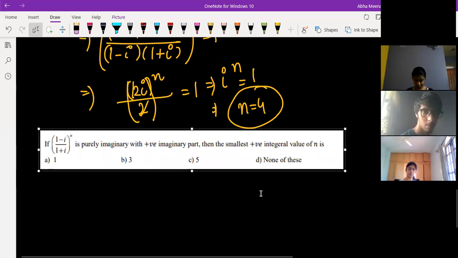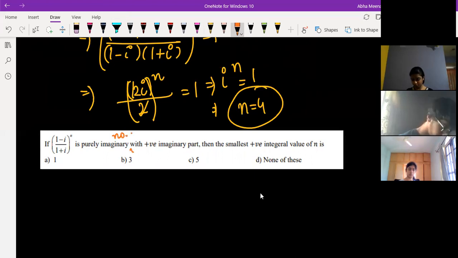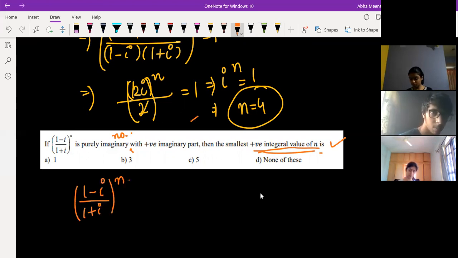If (1 minus i by 1 plus i) to the power n is a purely imaginary number with positive imaginary part, then the smallest positive integral value of n is. Now you all know how to find out this. Ma'am, is it 1? Is it 3? Let us see. Two options we got.